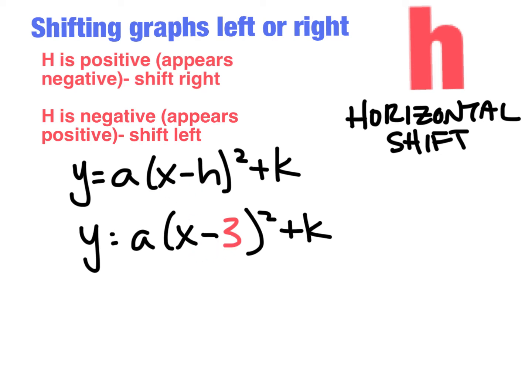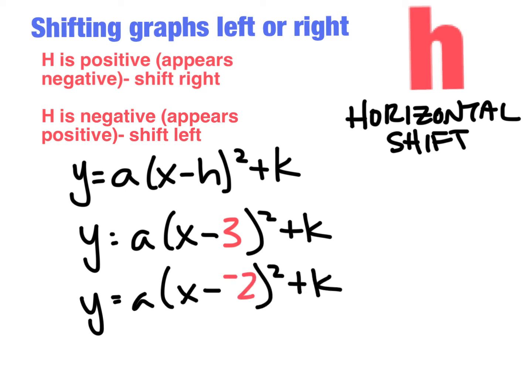And if we plugged in a negative 2, it'd be a times (x minus negative 2) squared plus k. Well, this minus a negative is going to turn into plus a positive. So plugging in negative numbers makes it look like it's positive, and plugging in positive numbers makes it look negative. So you have to be really conscious of that.